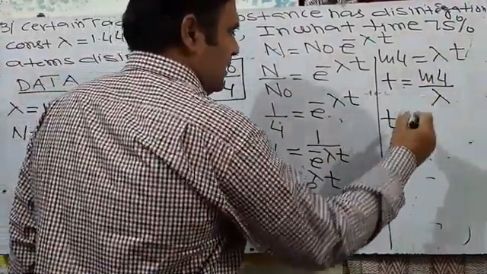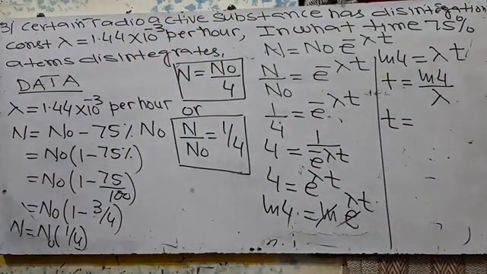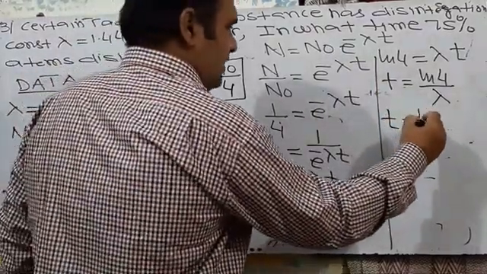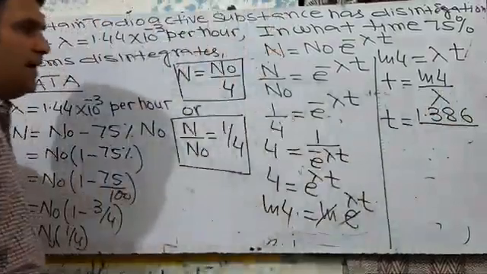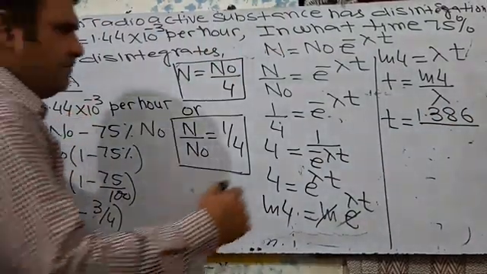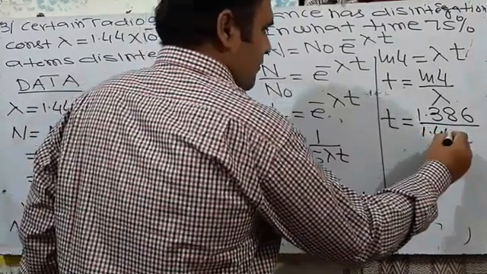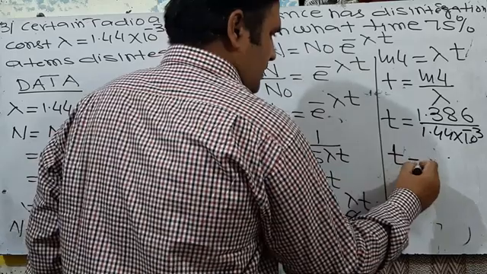t is equal to log 4 divided by lambda. The value of log 4 is 1.386. Lambda is given as 1.44 × 10^-3.